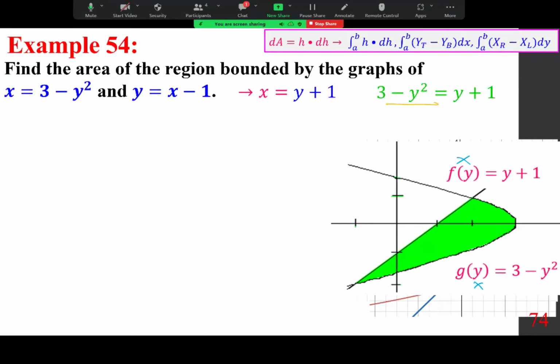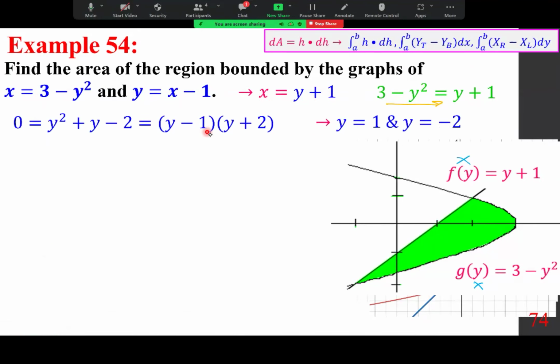We move everything this way, and we get y squared plus y, and 3 becomes -1 minus 3 makes it -2. That's the easy factoring. y is either 1 or -2. So y is 1 here, y is -2.